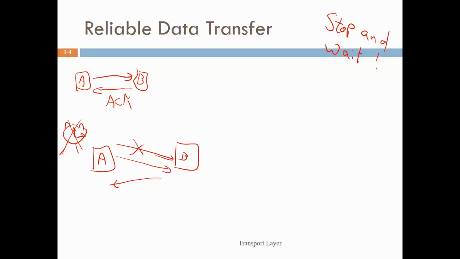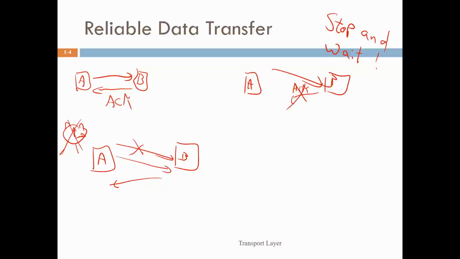Okay. Now, the problem is, what happens in this scenario if A has sent a packet to B? The packet arrives correctly. However, B sends an acknowledgement, and the acknowledgement itself is lost.